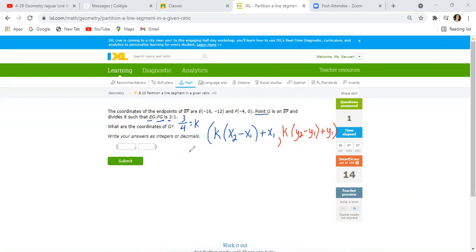So then I'm going to use my formula. Again, you're doing the same thing we were just doing on the last problem, except it's a little more formal in the formula. So I'm going to take my second x, and when I look at this, this is my first point, this is my second point. So my second x is -4. And I'm going to subtract my first x, which is -16.